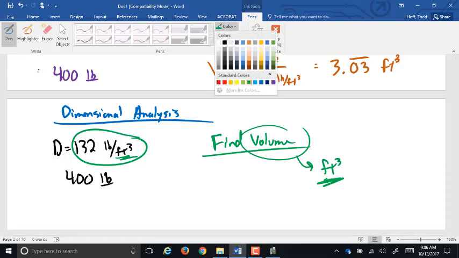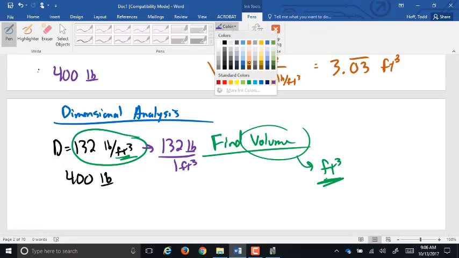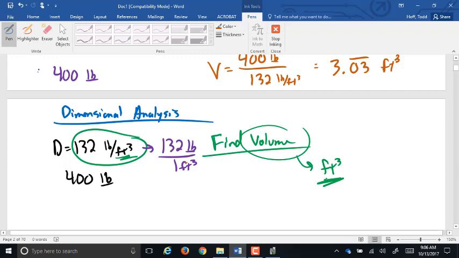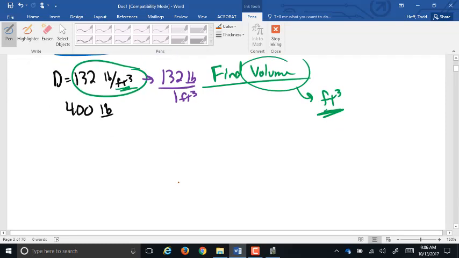Well, when I look at this, this is a rate, and that can be thought of as 132 pounds over 1 cubic foot. The only way that cubic feet can be on top is if I divide by that. So we've talked about some of our measurement conversions using that conversion factor. It's exactly the same process.